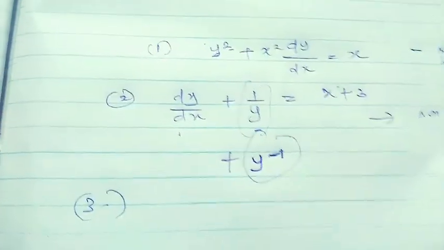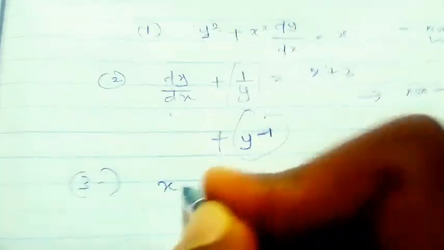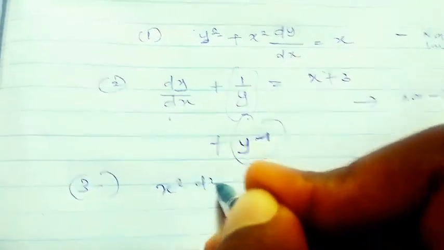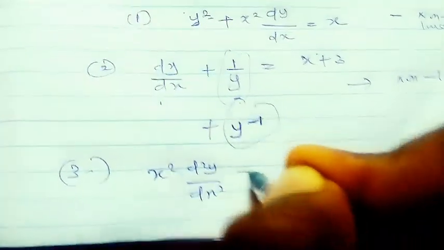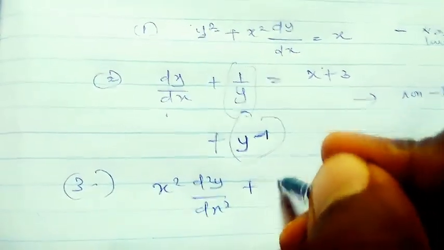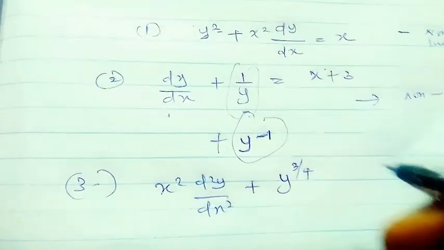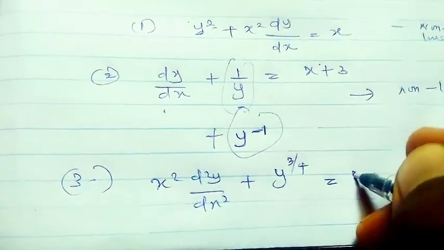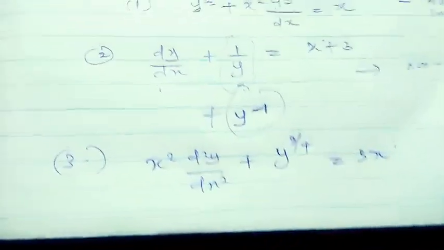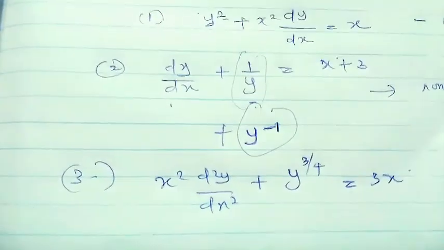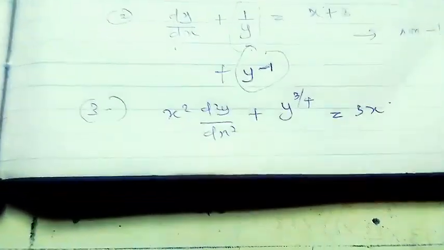So let's take a third example: d squared y/dx squared plus y raised to power 3 over 4 equals 3x. Now looking at this also, this is not a linear differential equation.